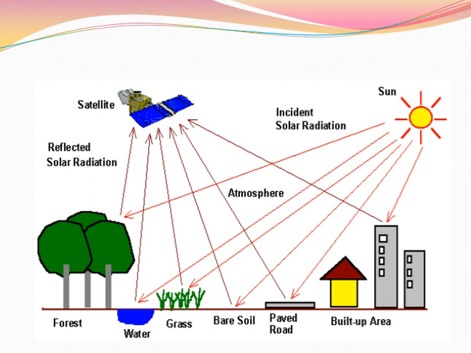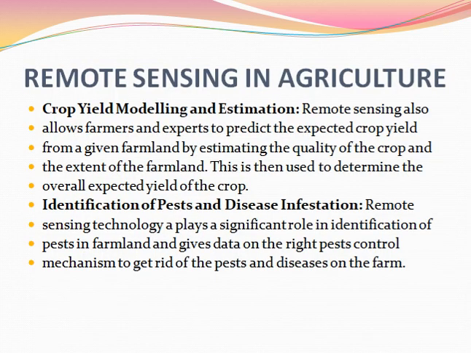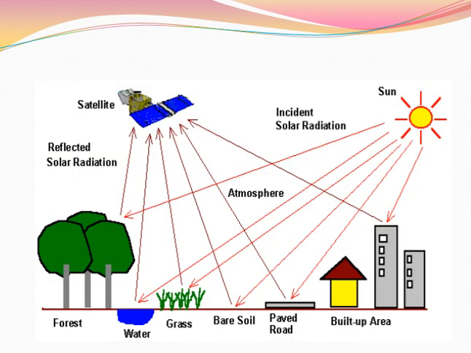Then the remote sensing process components: energy source or illumination, that is A, then radiation and atmosphere, that is B, interaction with the target, that is C, then recording of energy by the sensor, that is D, transmission, reception and processing, that is E, and interpretation and analysis, F, and finally application, G.